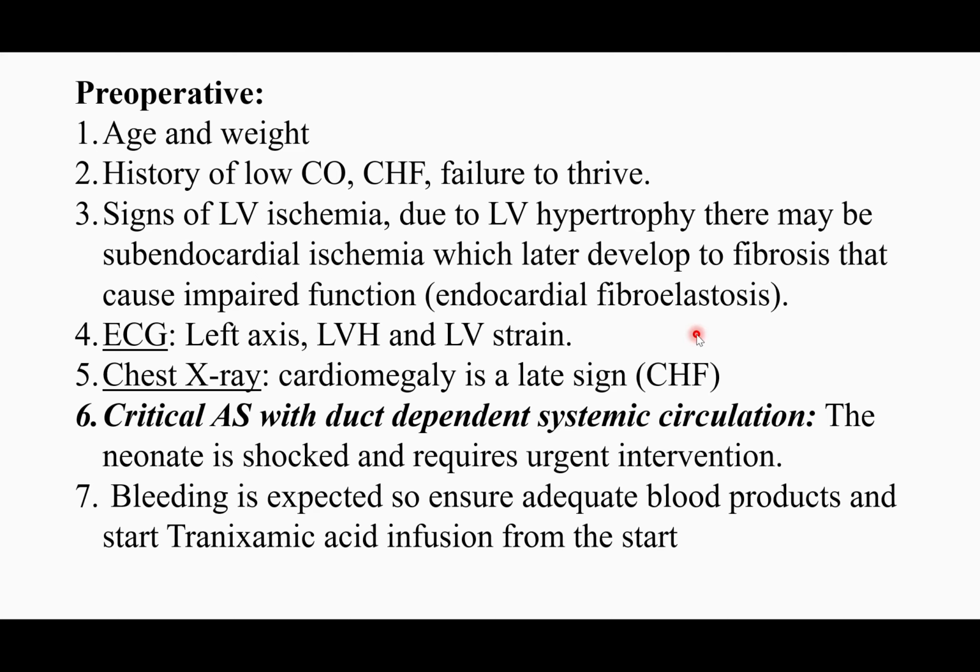So, due to the high afterload, there is strain on the left ventricle, which may lead to ischemia, and then fibrosis, and this fibrosis may impair the LV function, and eventually cardiomyopathy may develop. Endocardial fibroelastosis, due to the fibrosis.